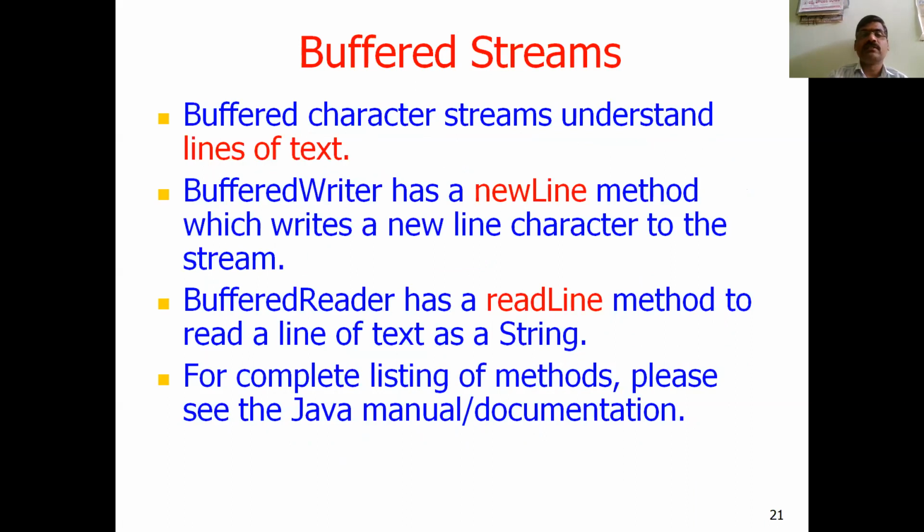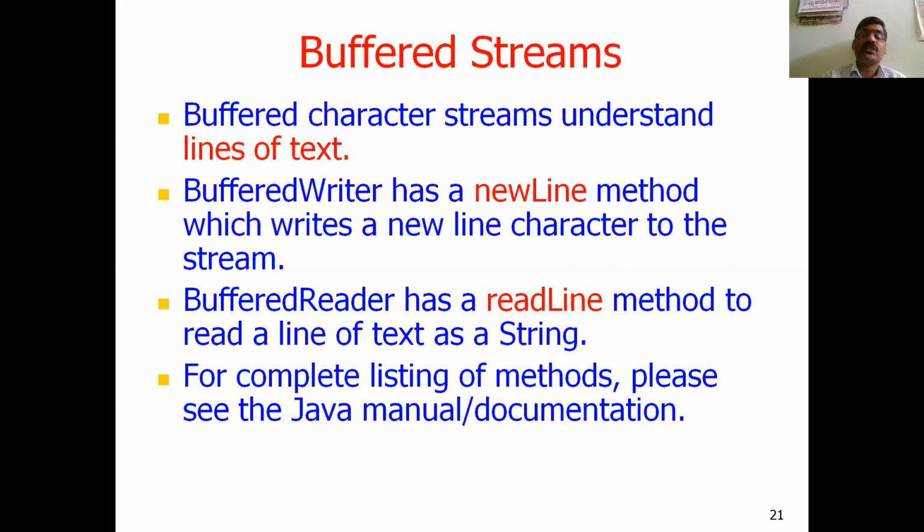Buffered character streams understand a line of text. We have one line of text, and every line is terminated with a newline character. So if you use a buffered stream, it will understand where the line is terminated.